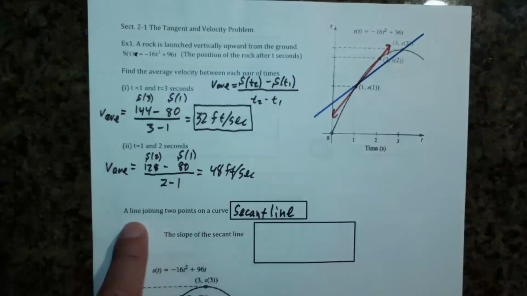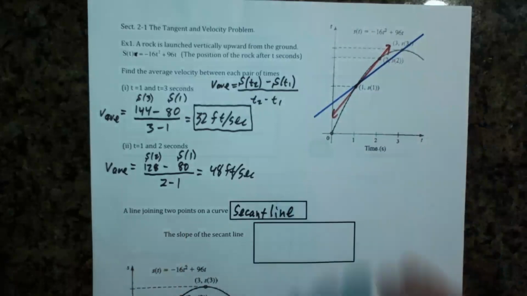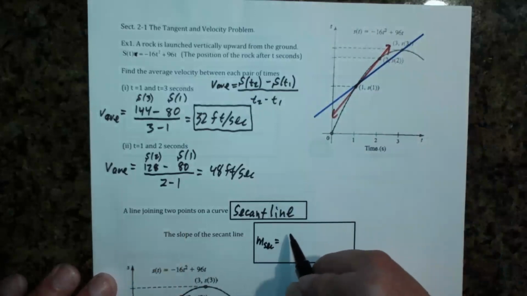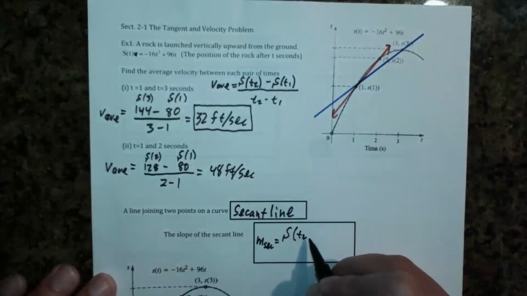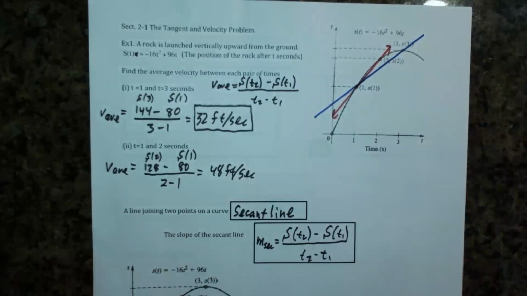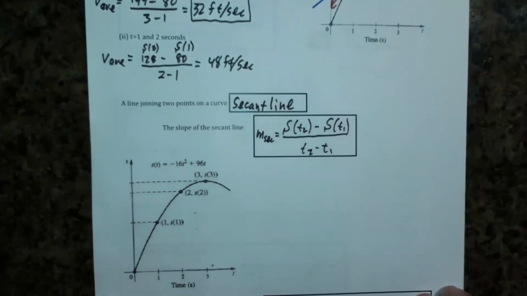A secant line is a line joining 2 points on a curve, which is exactly what we did here. And once again, the slope of the secant line is here. And once again, you can see that is just the slope function there.